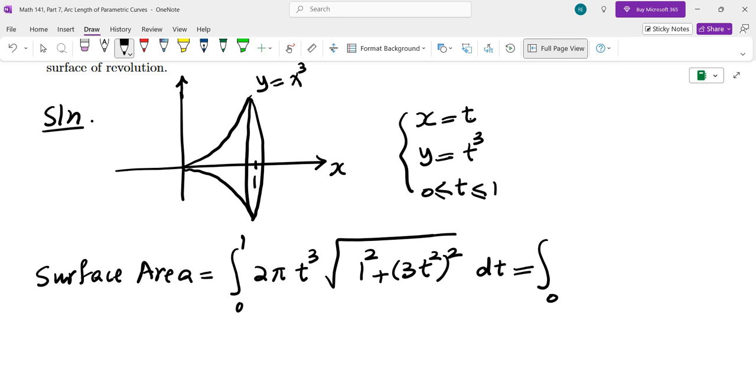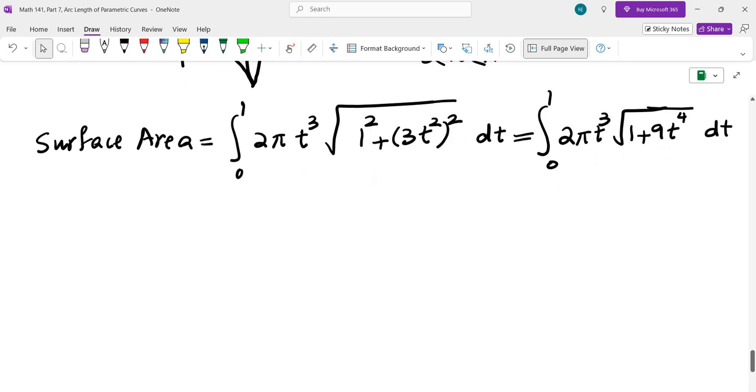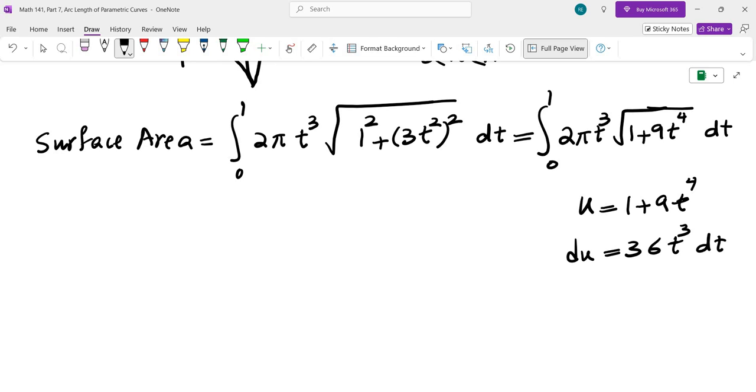This is the integral from 0 to 1 of 2π t cubed times the square root of 1 plus 9t to the fourth, dt. We can take u as 1 plus 9t to the fourth. So du is going to be 36t cubed dt. So t cubed dt is 1 over 36 du.